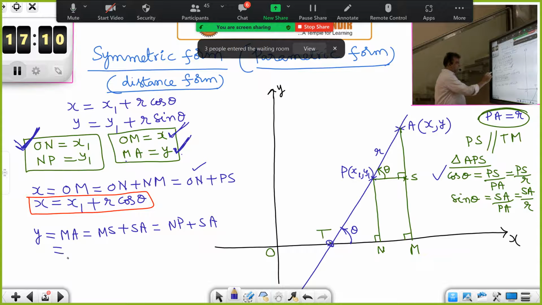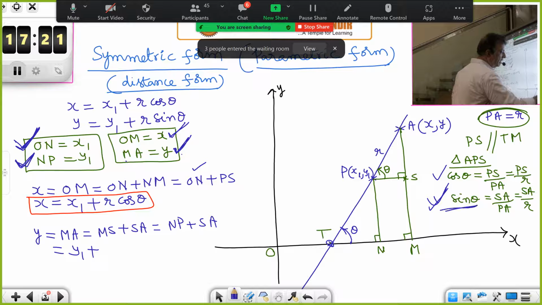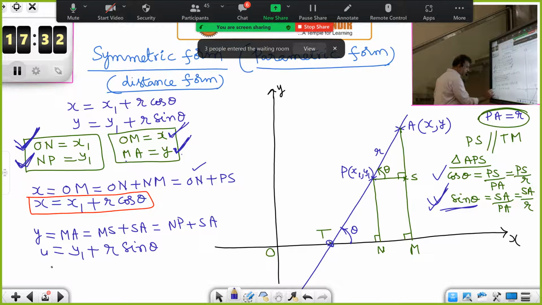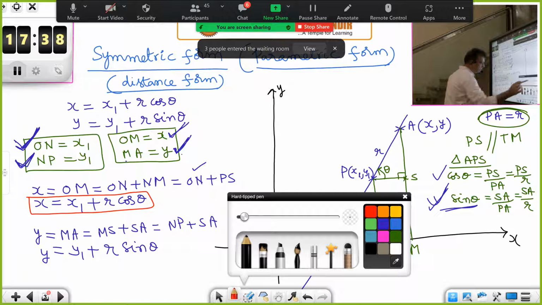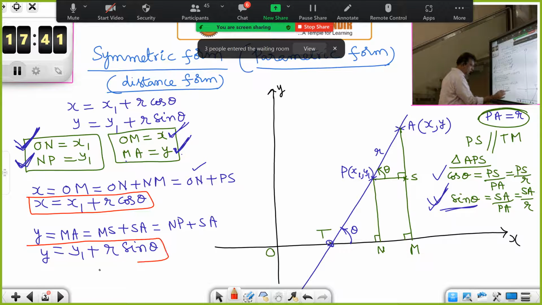Yes, sir. So y1 plus SA. From the formula for sin theta, sin theta is SA by r. Therefore, what is SA? r sin theta, sir. r sin theta. So y is equal to y1 plus r sin theta. So these are the two formulas. In the first formula, x is equal to x1 plus r cos theta.